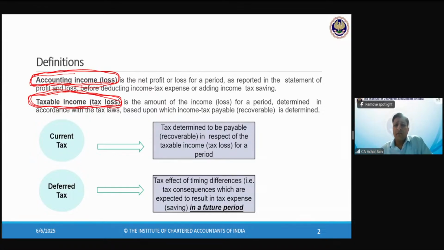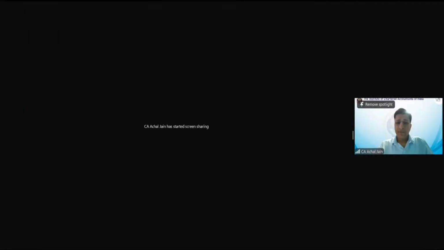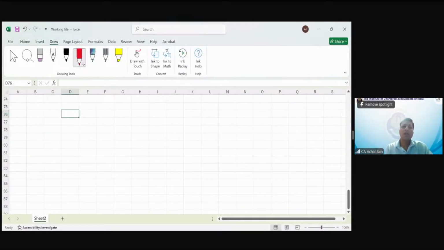See, during the year, let's suppose if you talk about 24, 25, a company will be required to compute income tax. So let's suppose the company has some profit, say its profit is 100. On this profit, tax is computed.